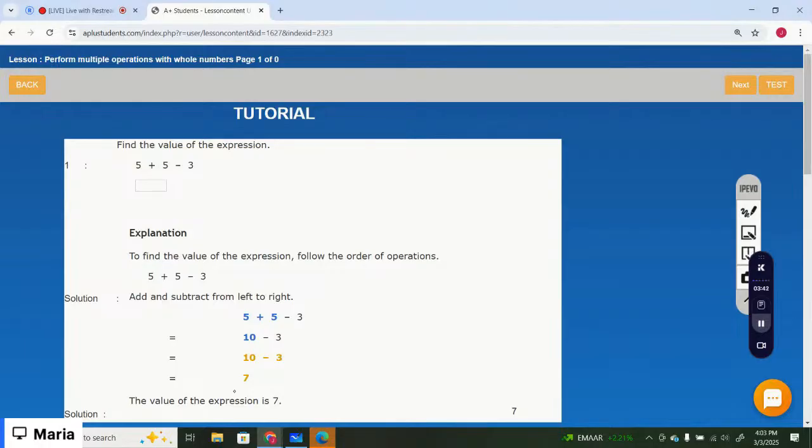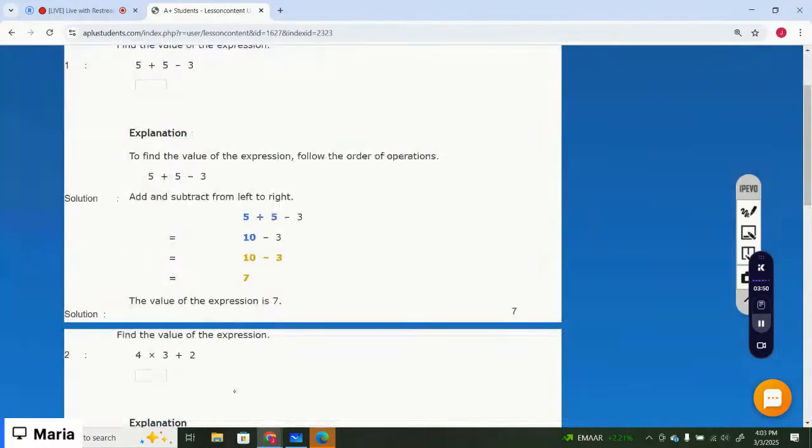You have to go from left to right. You have to add first, 5 plus 5, because addition and subtraction are on the same level. So 5 plus 5 is 10, and then 10 take away 3 equals 7.